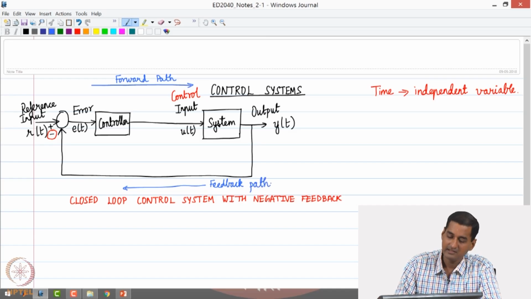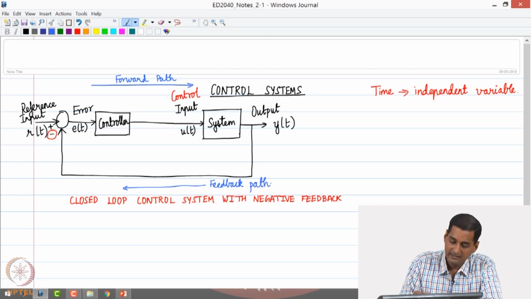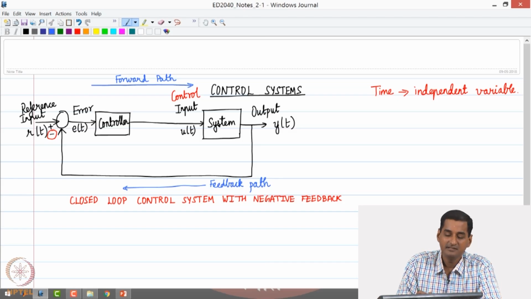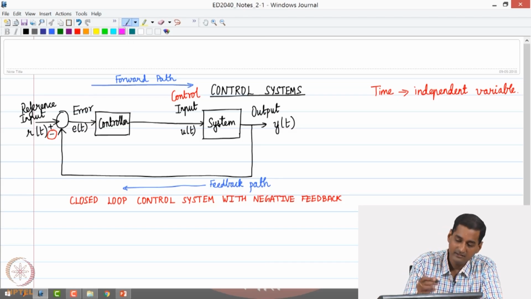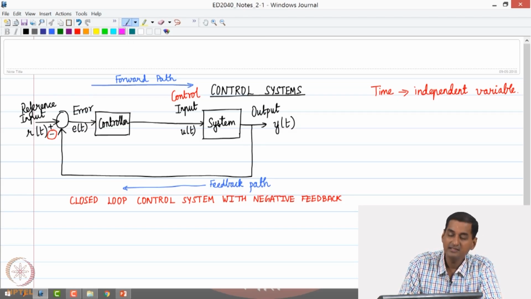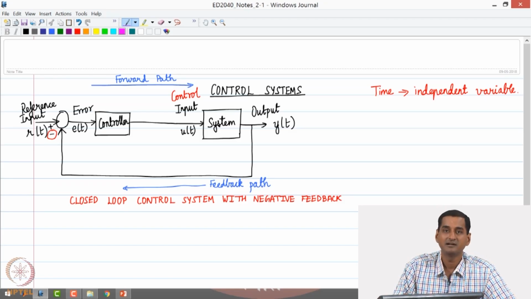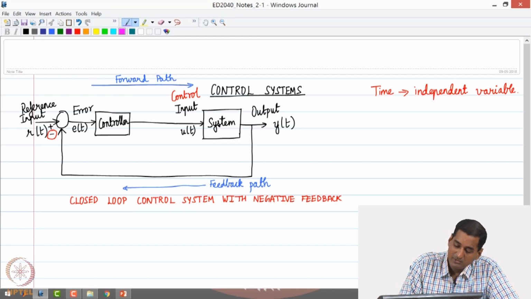Okay. And in this feedback path, typically one can have other dynamic components which may need to be modeled depending on what we do with the system.